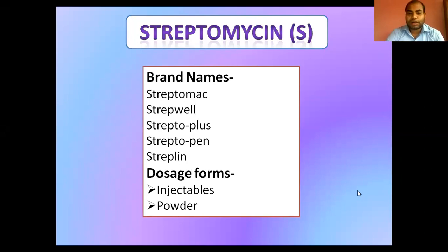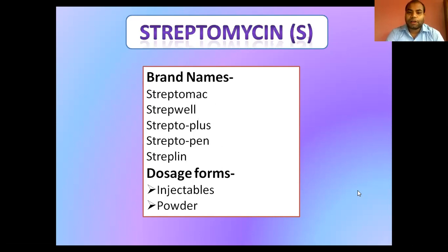As you know, there are various Svedberg units of ribosomes that are used for protein synthesis. Streptomycin attaches to the 30S fragment and blocks the process of protein synthesis in the bacterial cell.